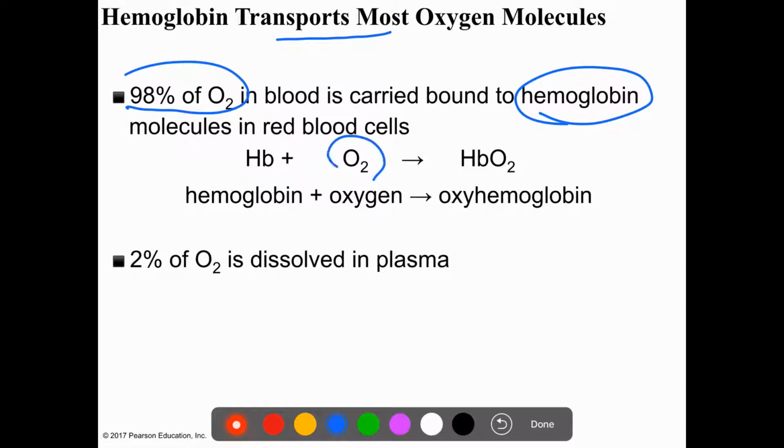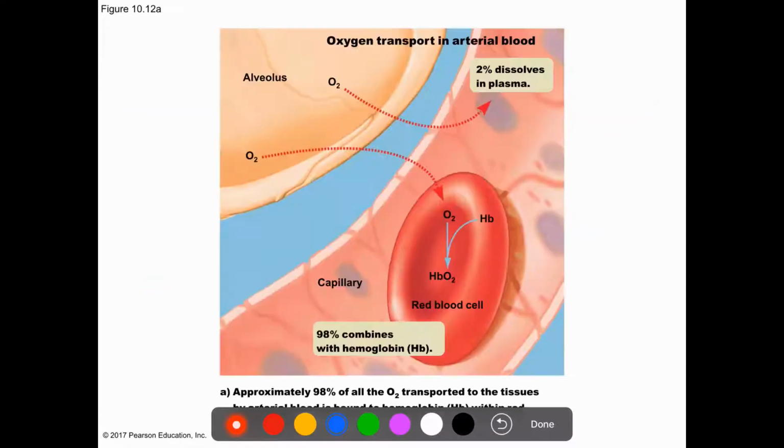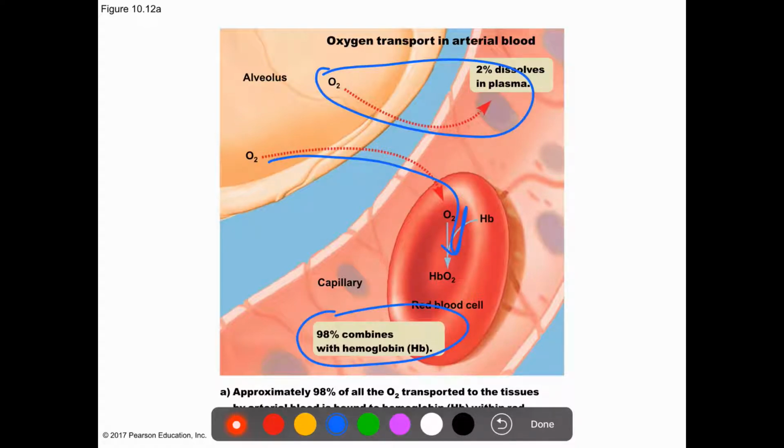So most of the oxygen is transported by binding to hemoglobin and forming something called oxyhemoglobin. However, 2% of the oxygen is directly dissolved into the plasma, as you can see here.